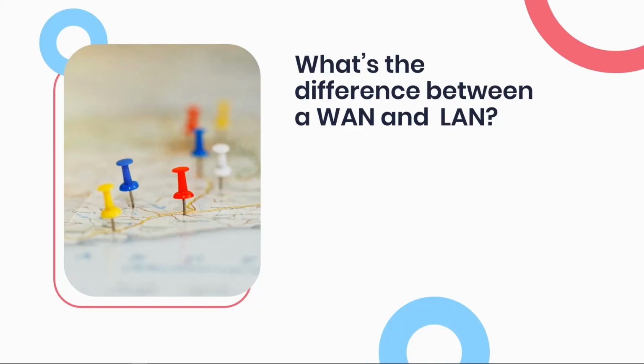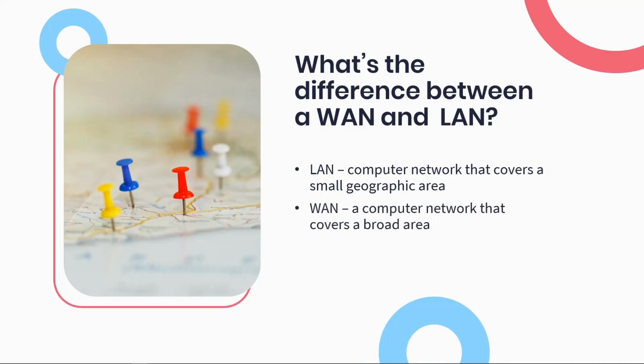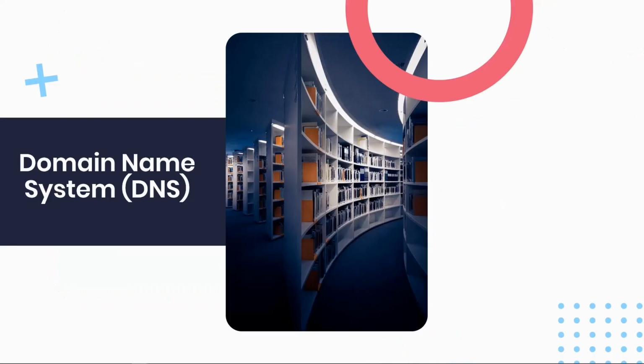So just checking you know what we are talking about, and more importantly, what the difference is between the two. A LAN is a local area network that basically covers a small geographic area like a home or office or building, while a WAN is a wide area network that covers a broader area such as a city or region.